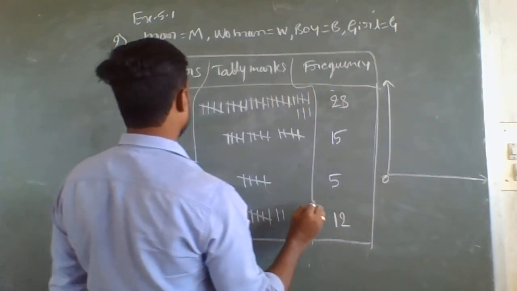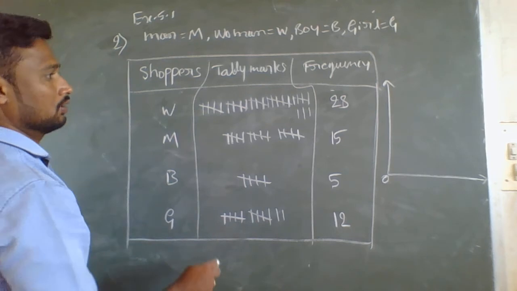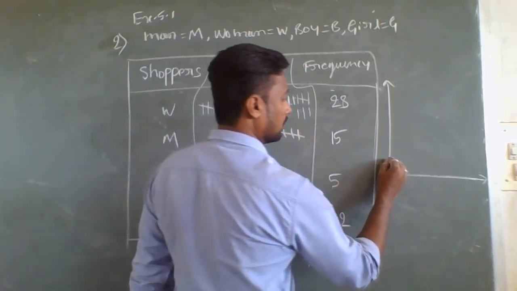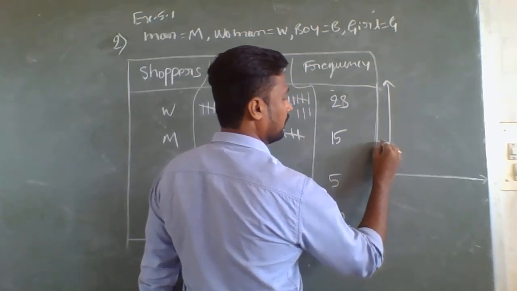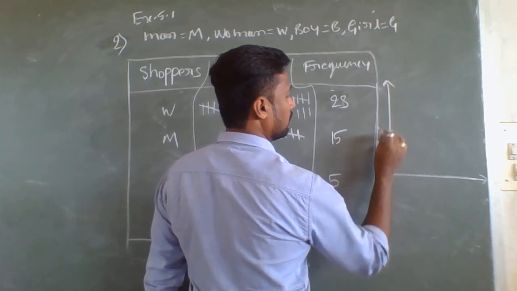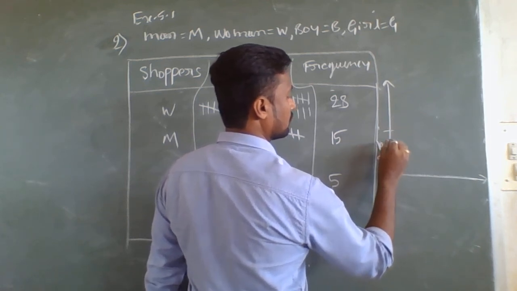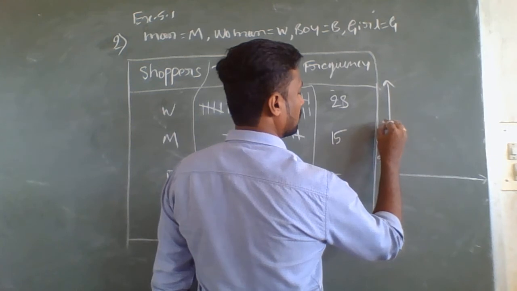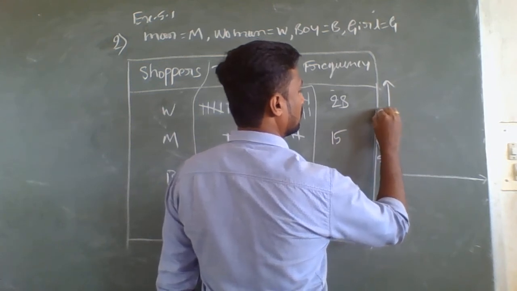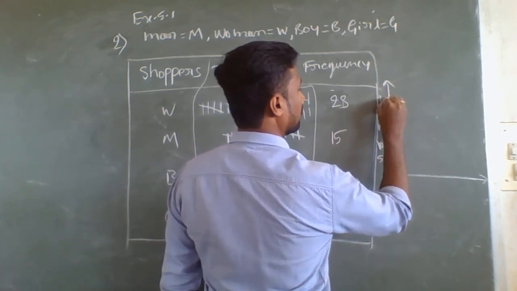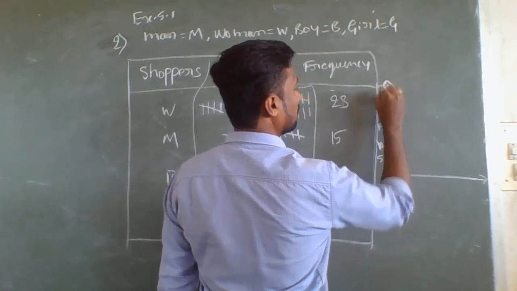This is 0 and it goes up to 28. So first I will mark 5, 10, 15, 20, 25, 30.